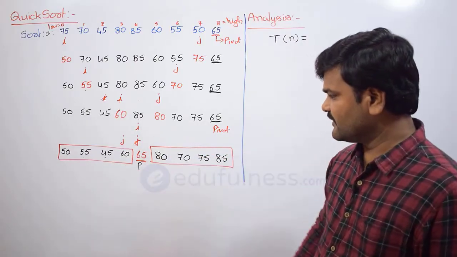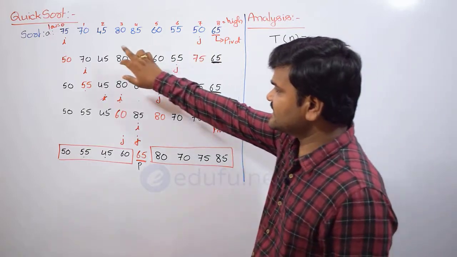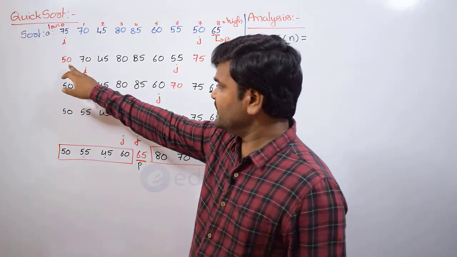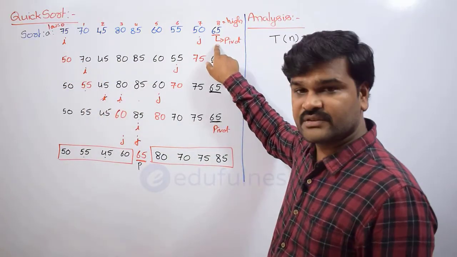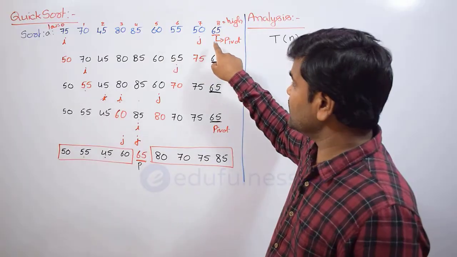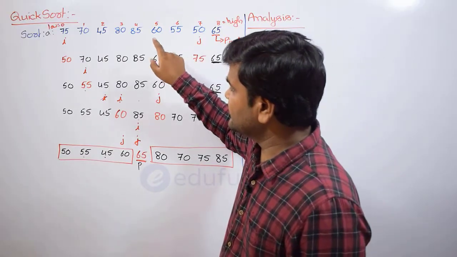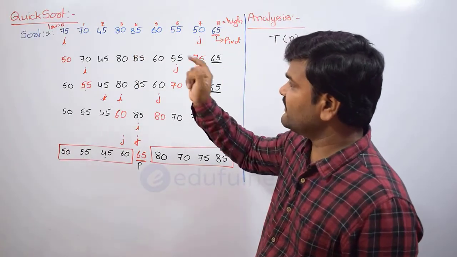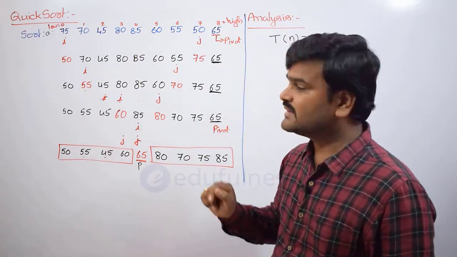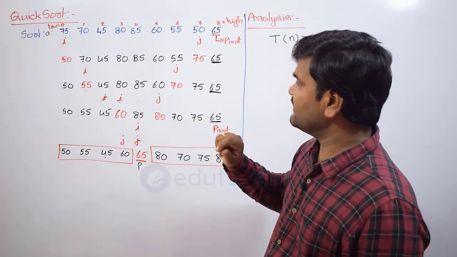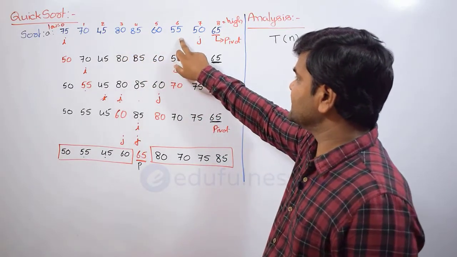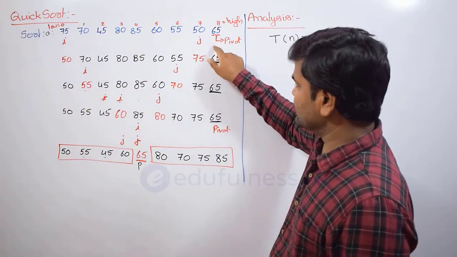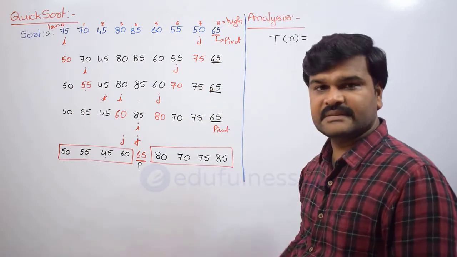Let us observe what we did. After setting i and j, you compared 50 with the pivot, and 75 with the pivot. Simply put, the 0th index element, first index element, second, third, fourth, fifth, sixth, seventh, every element was compared with the pivot in one of the iterations.